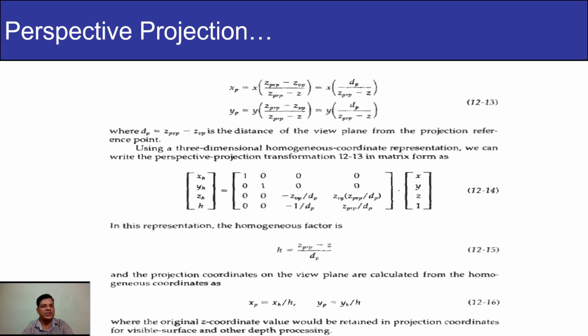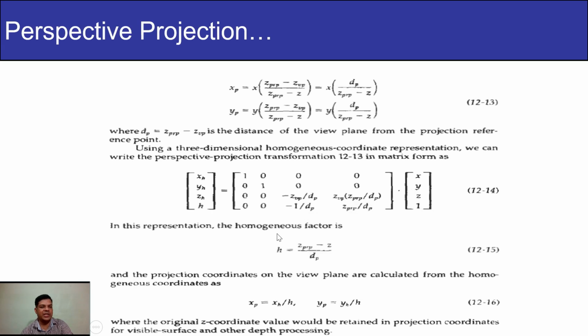Now, using three-dimensional homogeneous coordinate representation, we can modify the above equations and represent them in matrix form as [xh, yh, zh, h] equals the matrix with rows [1 0 0 0], [0 1 0 0], [0 0 -zvp/dp, zvp*zprp/dp], [0 0 -1/dp, zprp/dp] times [x, y, z, 1].